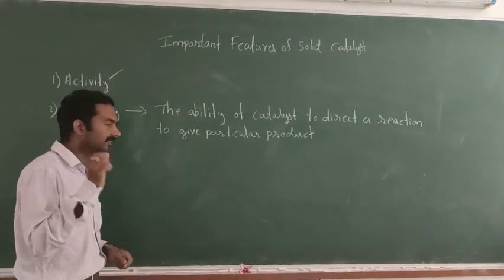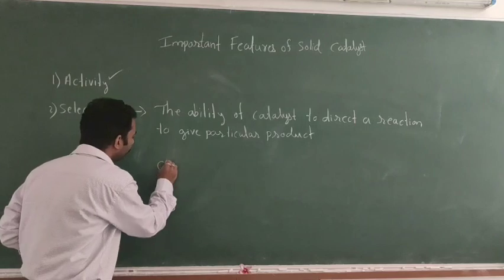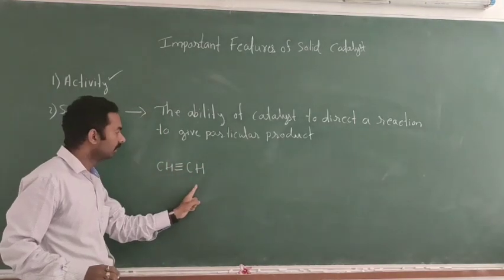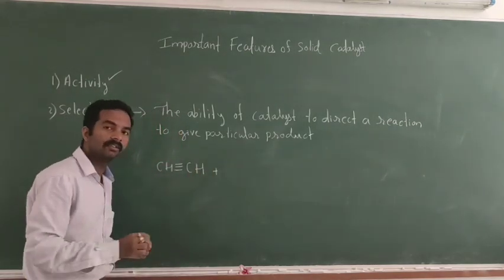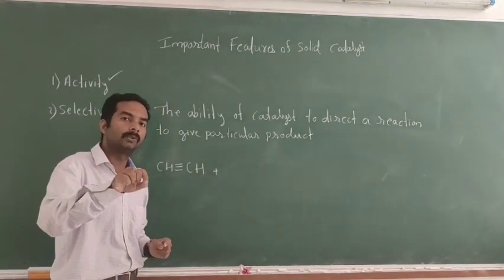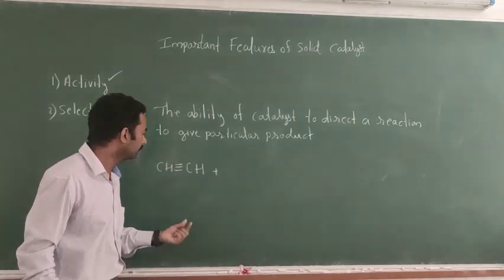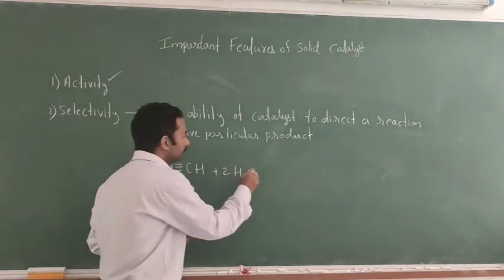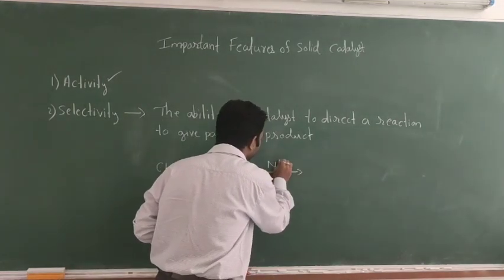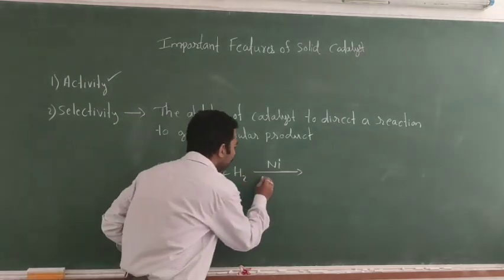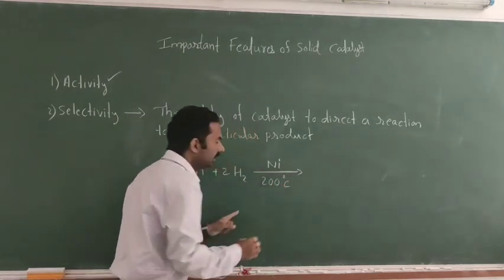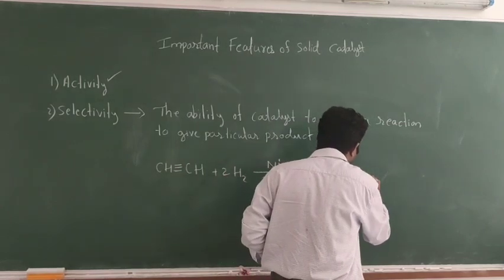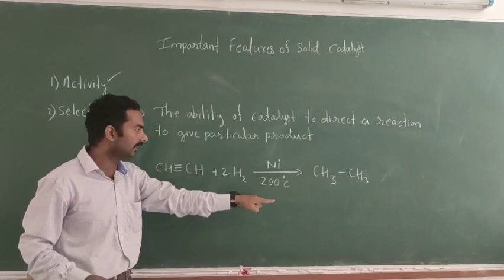So consider, for example, hydrogenation of ethene. So this is the formula of ethene. Hydrogenation means addition of hydrogen. This is called as hydrogenation. So here hydrogenation of ethene in presence of nickel as a catalyst at 200 degrees Celsius to form ethane.